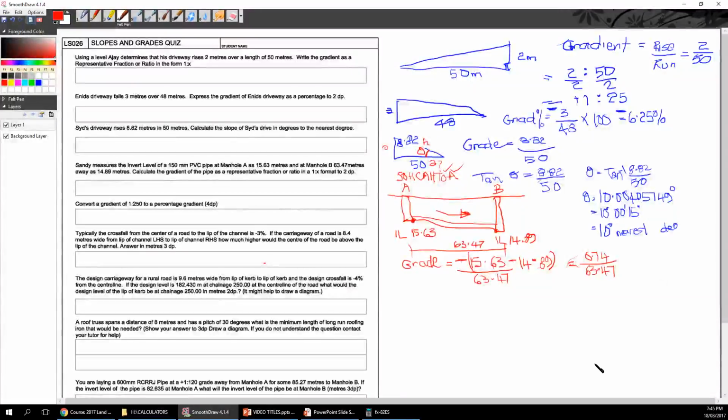Now that'll equal 0.74 as a ratio to 63.47. And then if we divide both sides by 0.74, that equals 1 to 2.